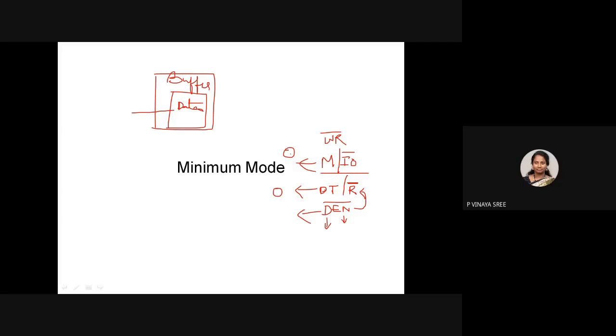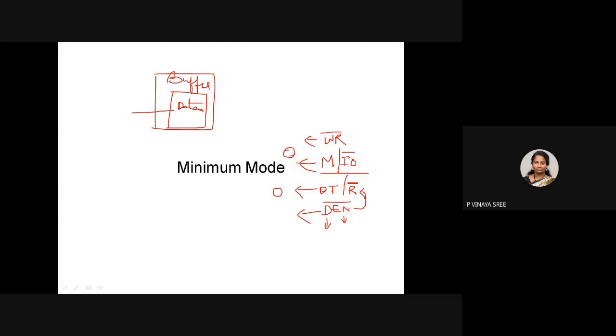Why? Because IO bar is an active low pin, so it is receiving the data from the input output. This decides whether the operation is a read or a write. So this is all in a sequence.